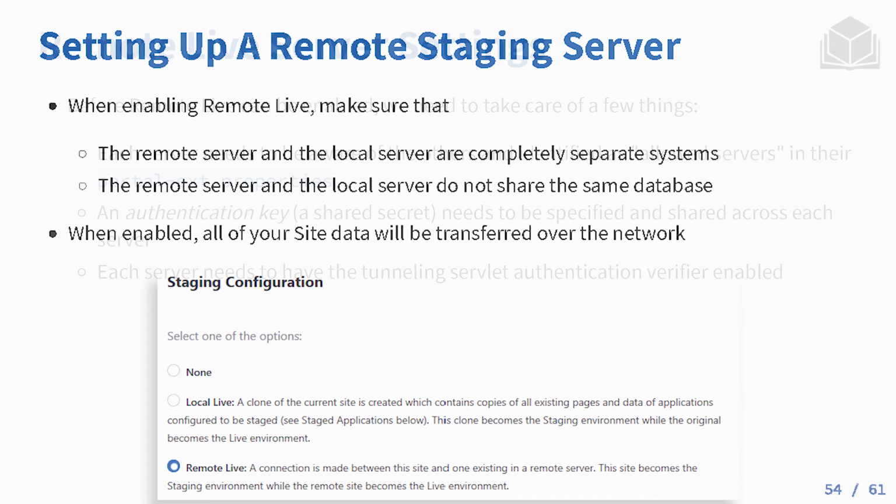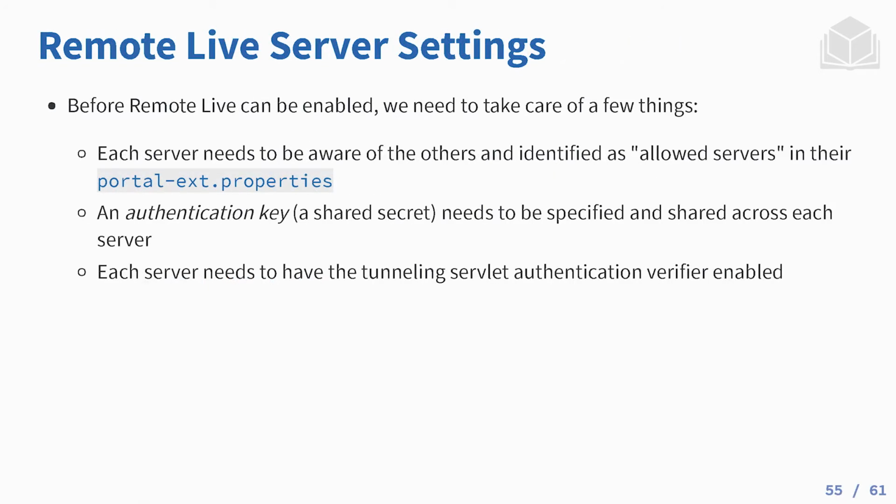Not everybody is allowed to access Liferay servers through the remote API. So we have some safeguards in there, and unfortunately it involves portal-ext properties. So you're good for a restart right now. We will need a shared secret between the two servers.